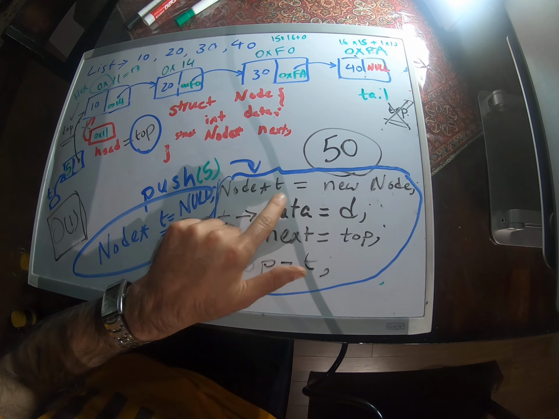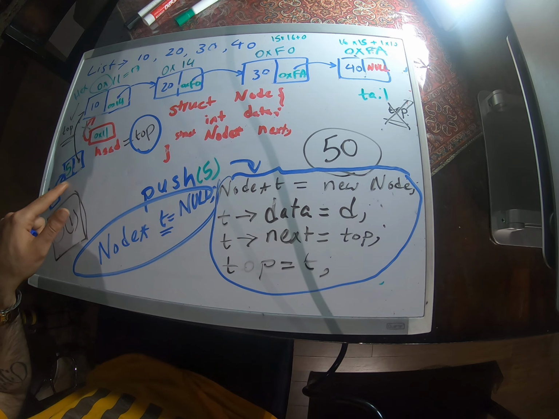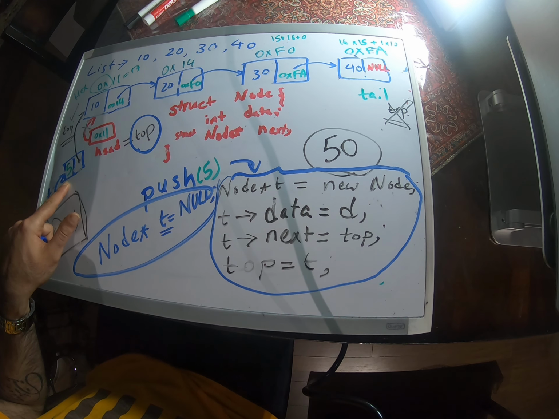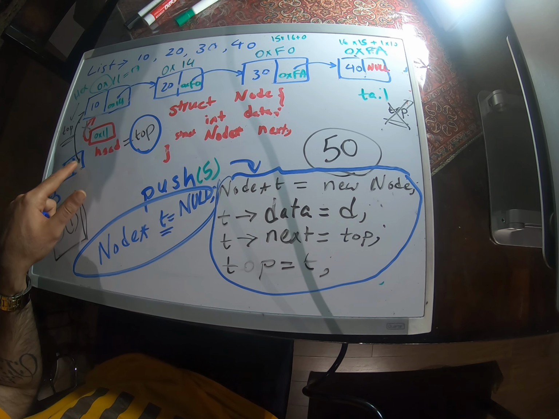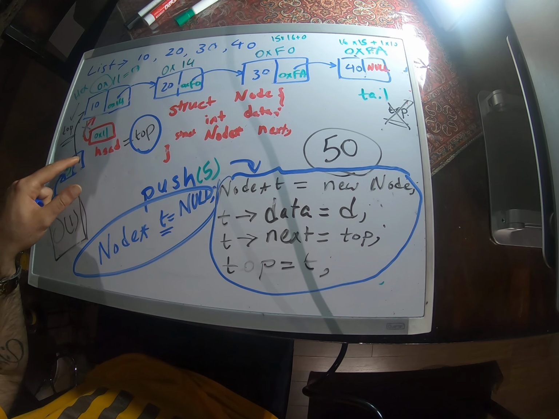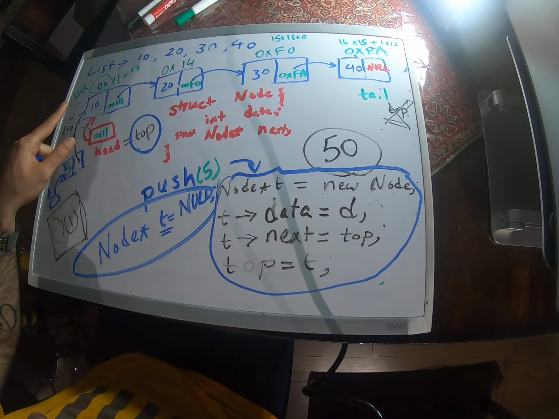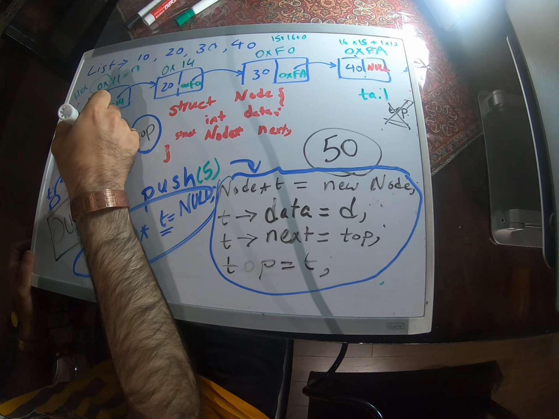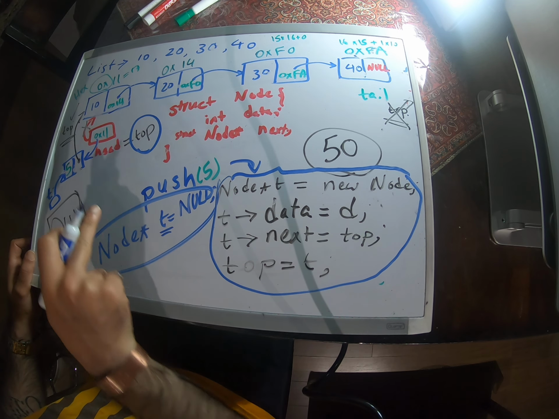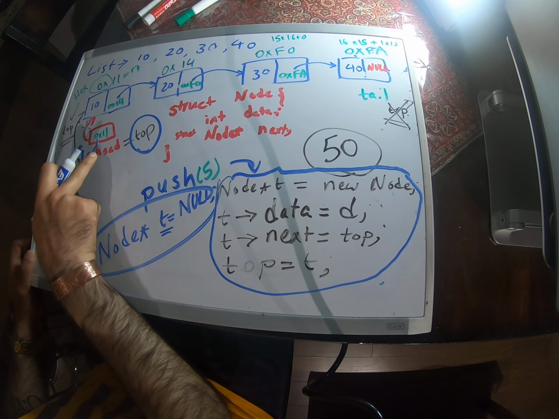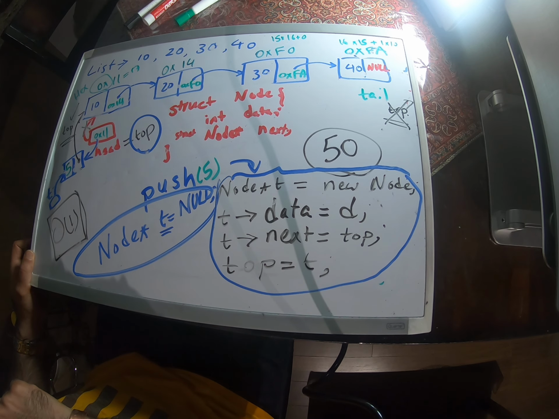We should allocate a new node, insert the data into the node that we just allocated, make the pointer part of the node point to the previous top of the linked list, and then make the top pointer point to the newly allocated node.